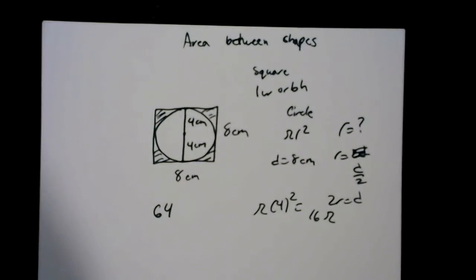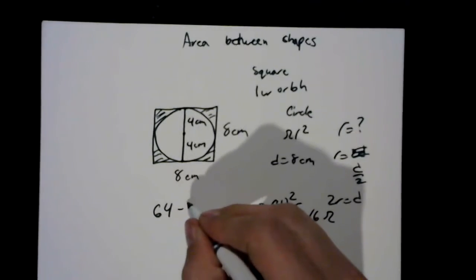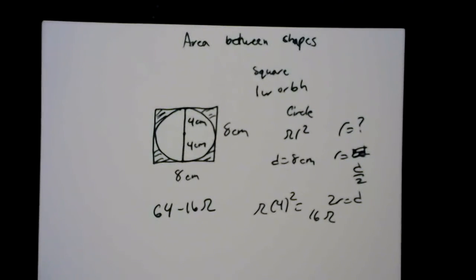So, since you know that, you can say 64 minus 16 pi, if you want to calculate that out. That's basically in exact terms that you would have to know.